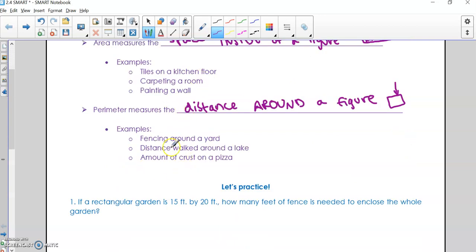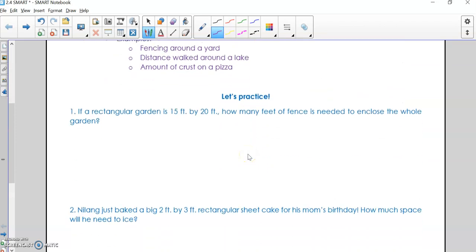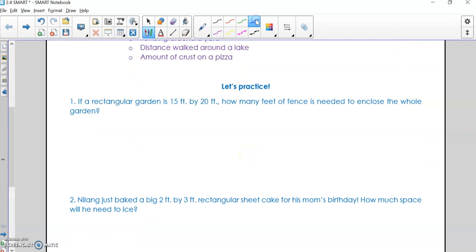So some examples, fencing around a yard, that's the most popular one. If I walk around a lake, if I want to know how much crust is on a pizza, right, the crust is around the pizza, so that's also an example of perimeter. These are some examples, but that's not the only possibilities, right? There's a lot of other ways we can refer to perimeter and area too. So let's go ahead and try some practice problems.